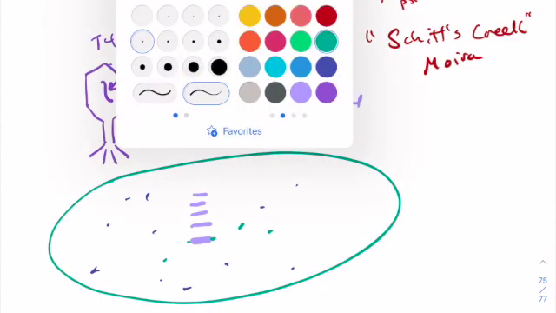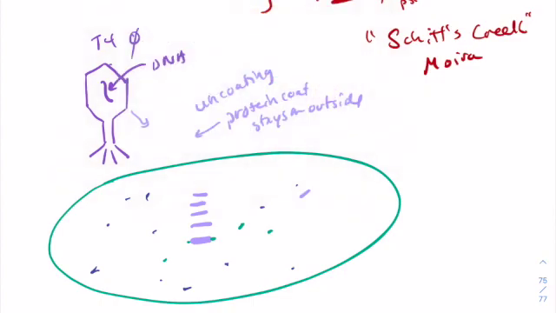So as it tricks the cell into making its little protein coat, these little lunar modules here, it basically turns the cell into just a factory for making viral particles. Like that. And it gets its DNA all packaged up inside.